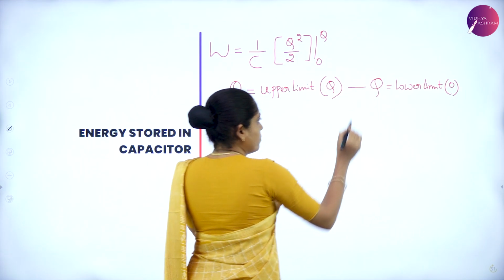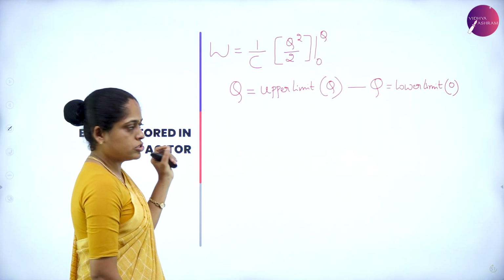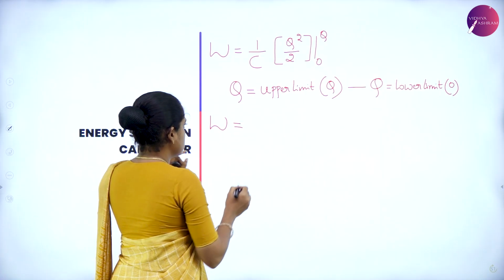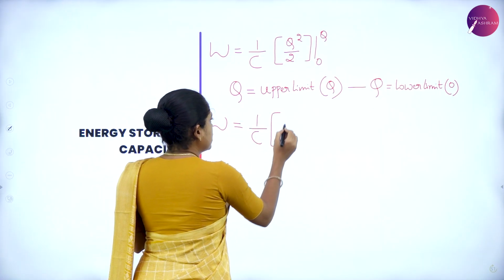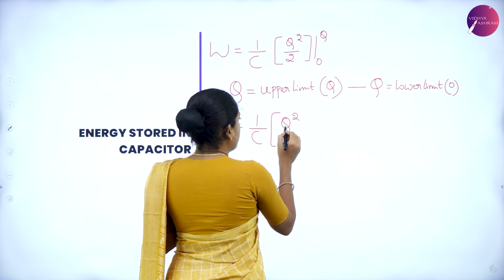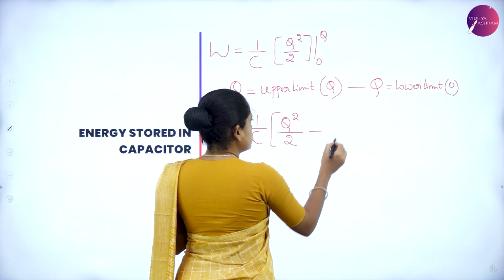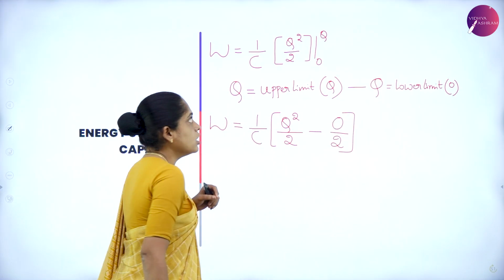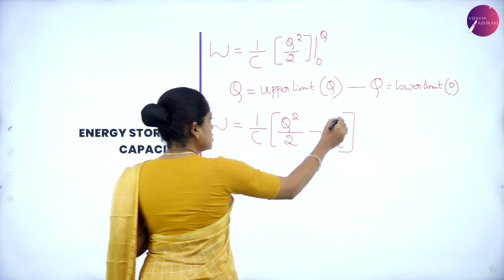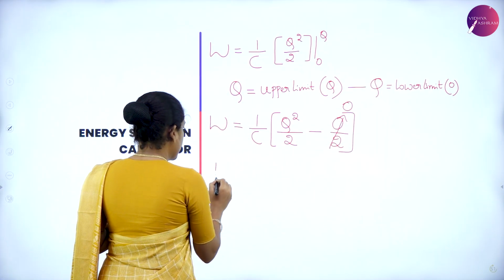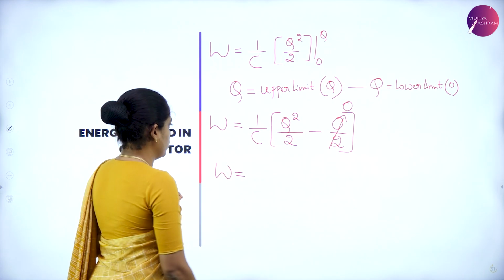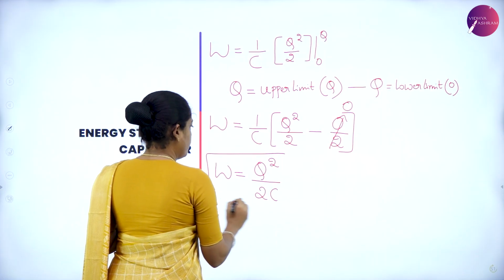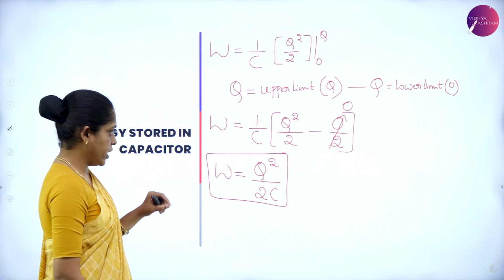Between these two, minus. This is the procedure to apply the limits. So in the next step, work done is equal to 1 by C times upper limit Q square by 2 minus lower limit 0 by 2. Now this answer is 0. Then the final work done is equal to Q square by 2C. This is the total work done, which is equal to Q square by 2C.